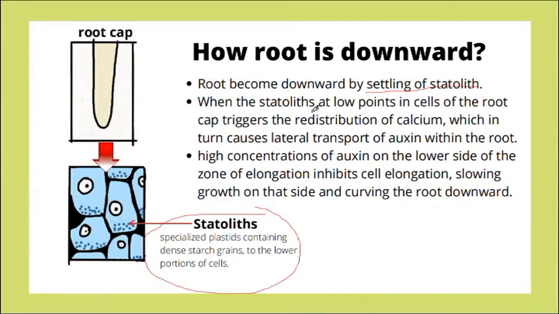When the statoliths are at the low point of the cell, the root cap triggers a redistribution of calcium, which then causes the lateral transport of auxin within the root. A high concentration of auxin on the lower side of the zone of elongation inhibits elongation. Slower growth on that side curves the root downward.